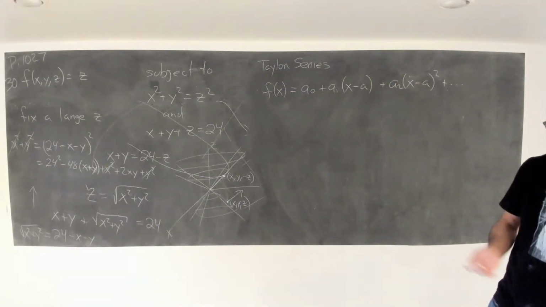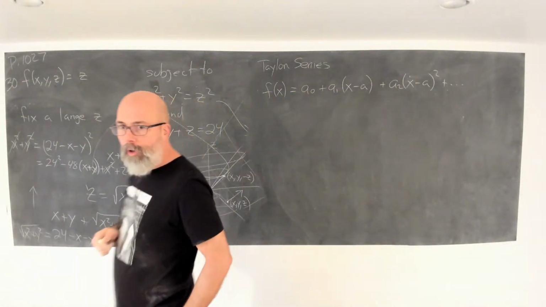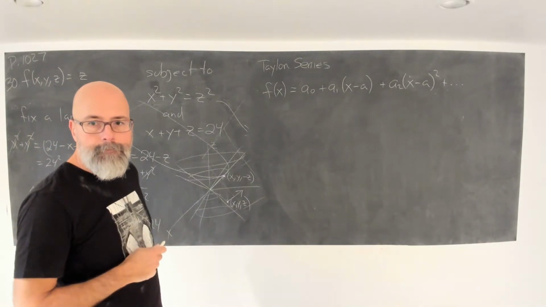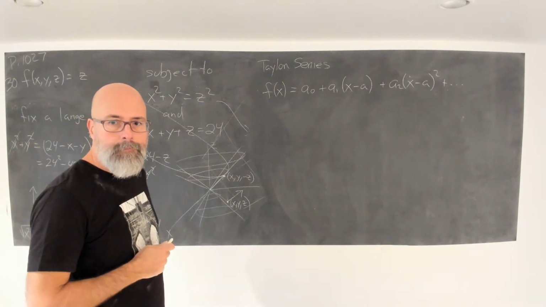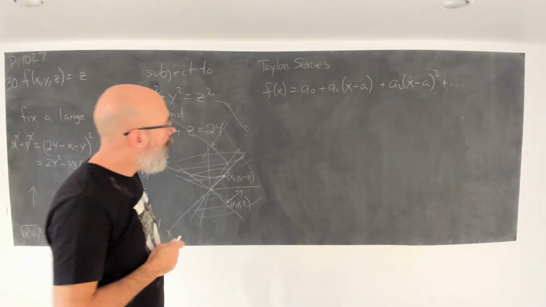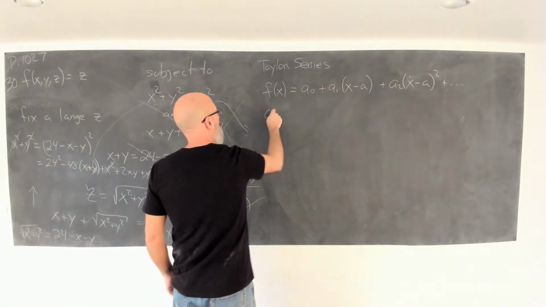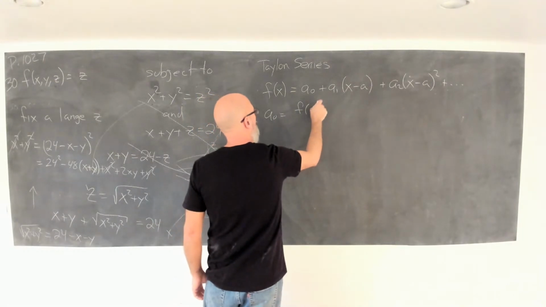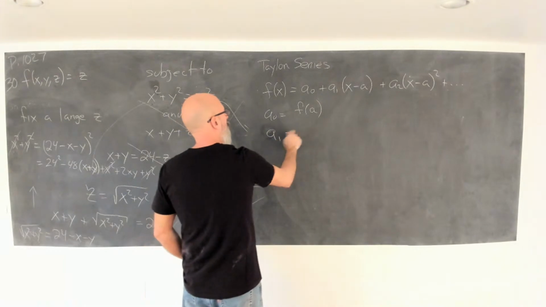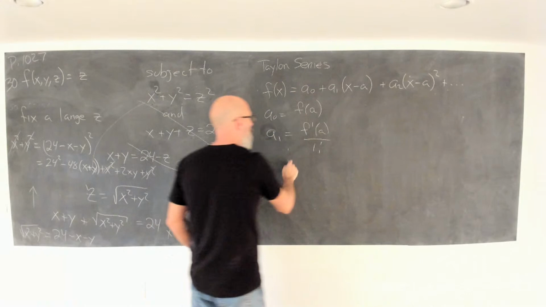And you remember how this was done? Well, we did it not too long ago, right? And you remember that a0 has to be the function at a. A1 has to be the derivative at a over 1 factorial and so on, right?